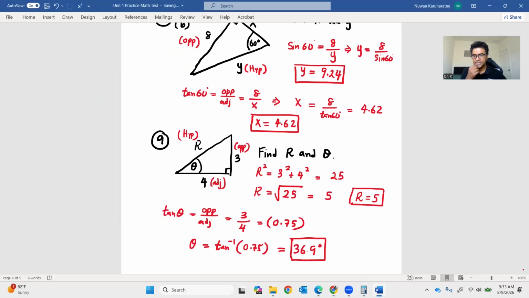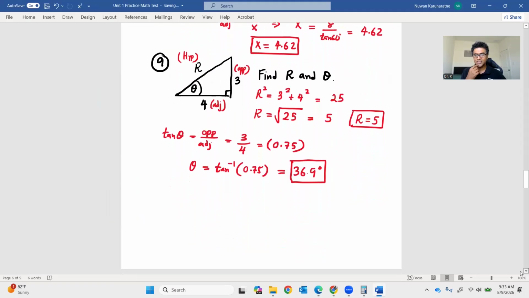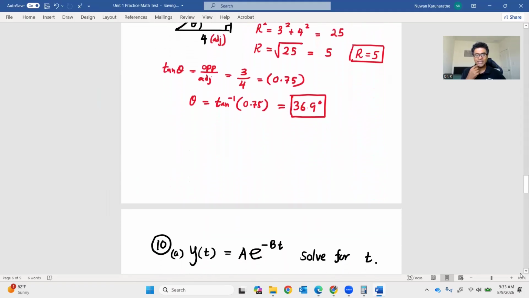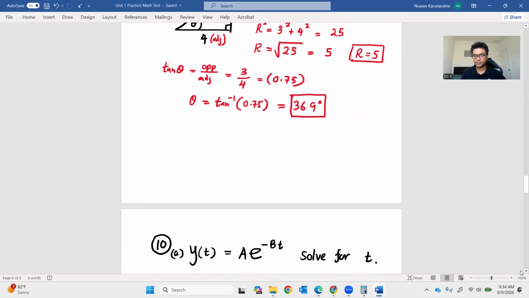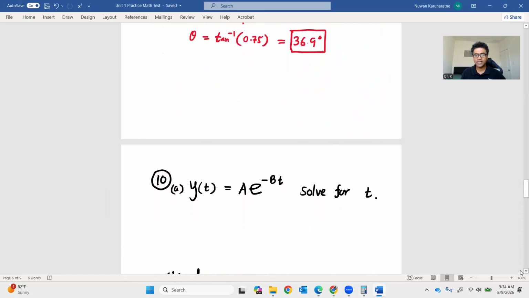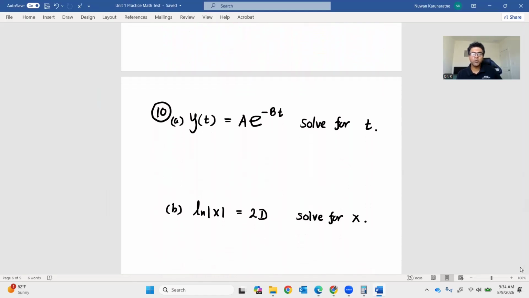Okay, 9. So let's go to the 10th one. We have like 6 more to go. 10th one, there are 2 parts, A and B. So these are exponents and logarithms. So solve for t. So can you see t appears as an exponent?